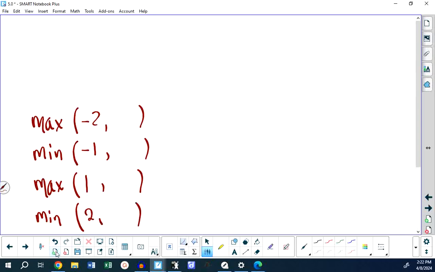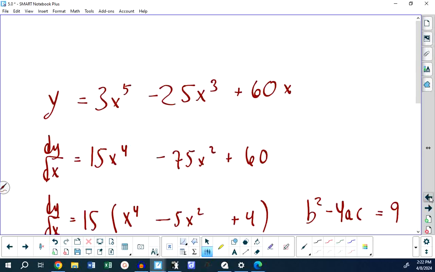Did I remember the features of that table correctly? Okay. So now it's time for us to find the y coordinates. And this is simply a matter of putting those x coordinates into the function. So you're going to put negative 2 in here.